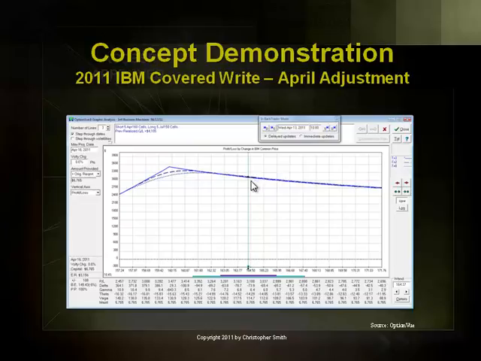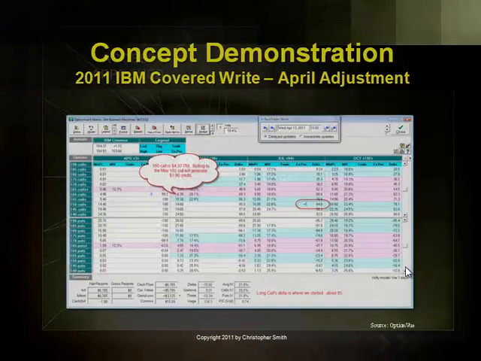Okay, and it does look like the market rallied. And so we're going to be in the money on the short options. All right, so what this bubble says is that the 160 call, which is where we rolled to, is $4.37 in the money.